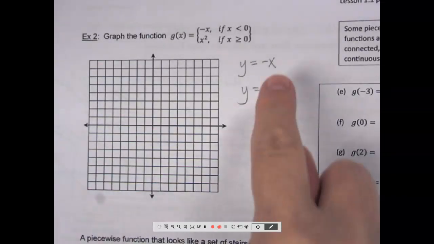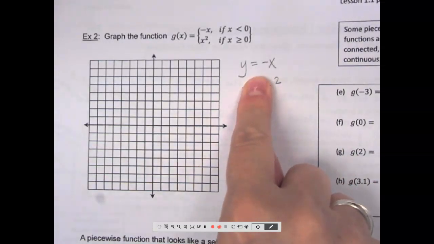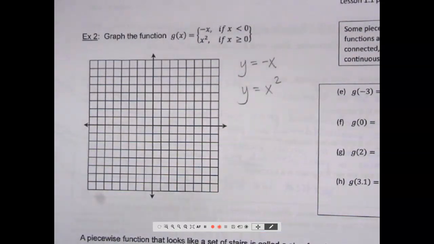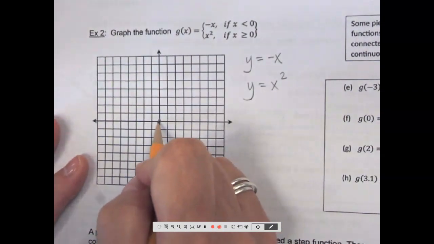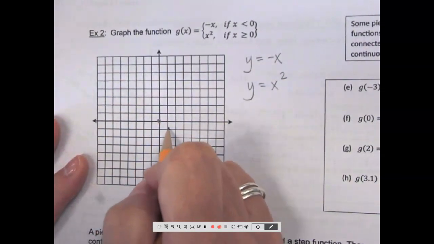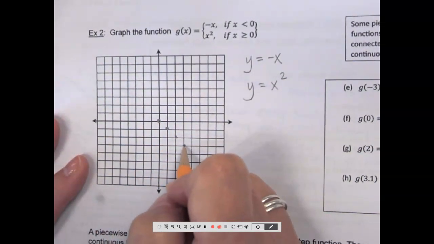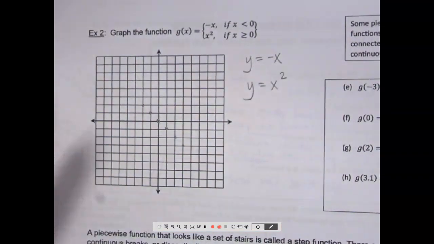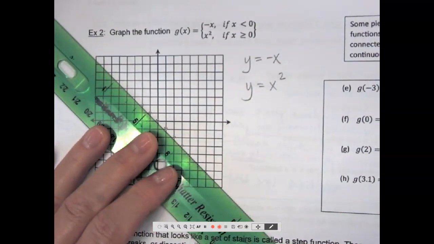So let's graph the line y equals negative x. Graph that on your paper, plot your y-intercept, plot your slope, connect. Make sure it's slanted in the right direction for a negative slope.